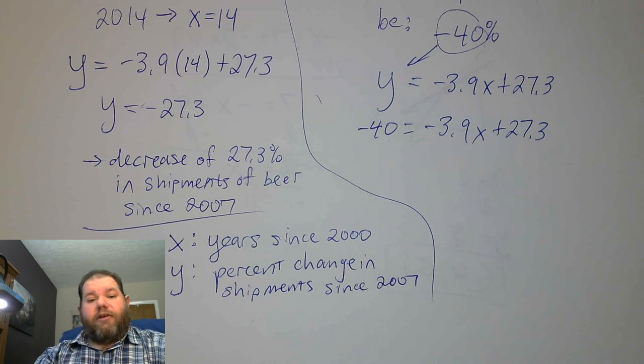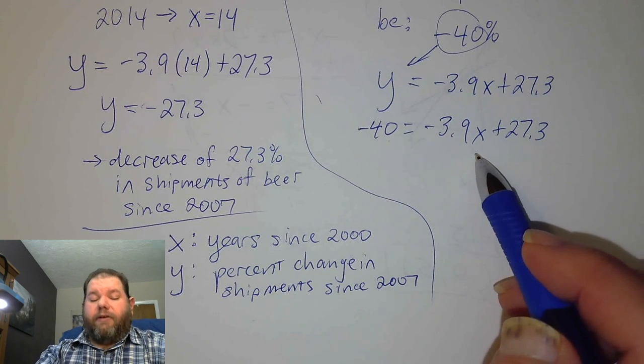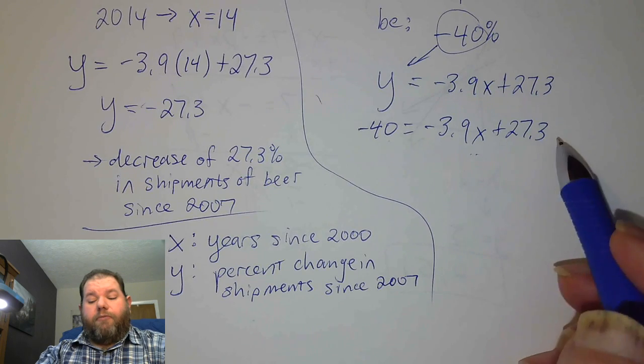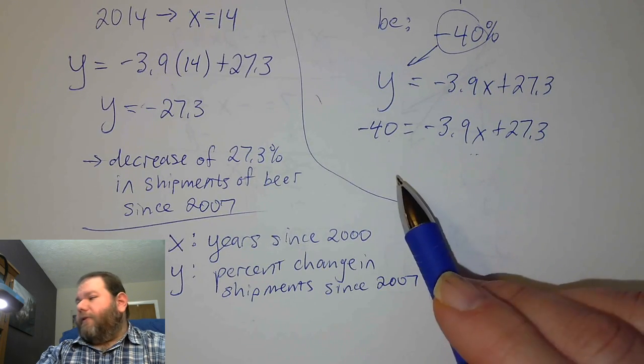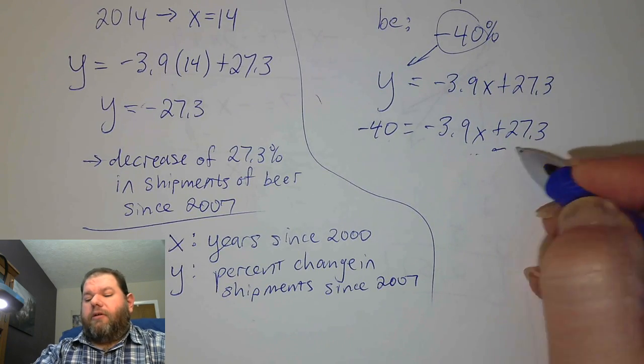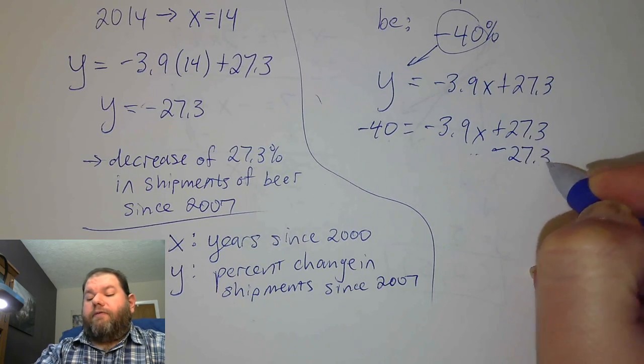Actually, there's technically not a wrong answer here. There's plenty of ways we can move things around. There is one in particular that's going to be easier than the others. If we want to get x by itself, we can leave it there, and move the other number that's with it to the opposite side. Yeah, the 27.3. So let's go ahead and subtract that over.